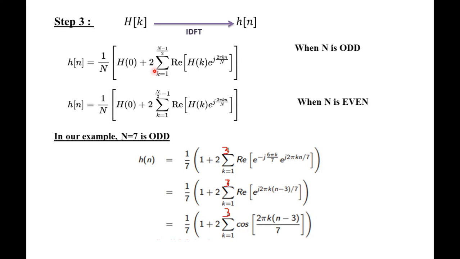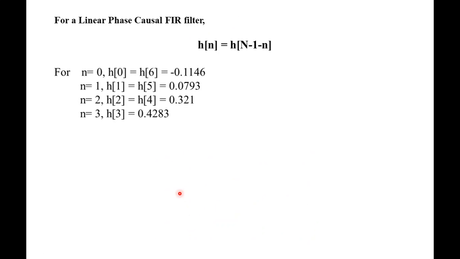Substituting in this previous equation for n equal to 0 and simplifying this leads to the h of 0 value. Similarly, h of 1 will be equal to h of 5, h of 2 will be equal to h of 4, and h of 3 will be equal to 0.4283, which is nothing but the point of symmetry.